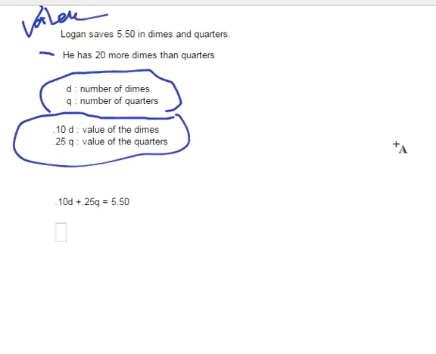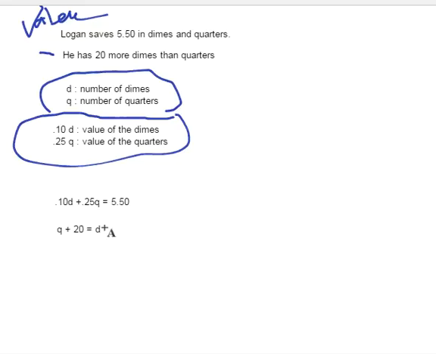So this means quarters plus 20 equals dimes. The number of quarters plus 20 equals the number of dimes. That's the equation I made based on this second statement. So now we have everything needed to solve the problem.